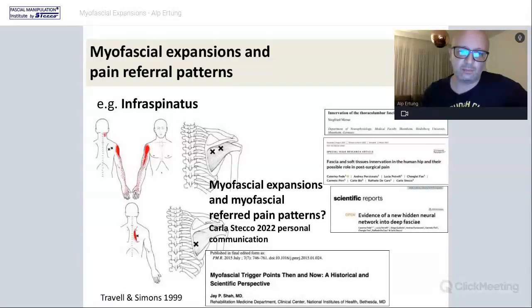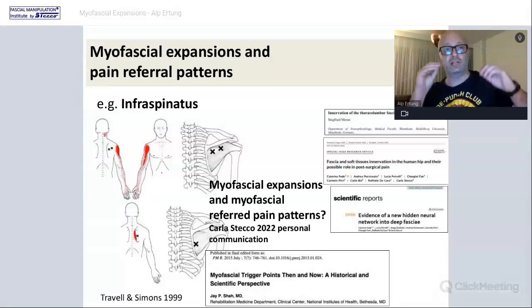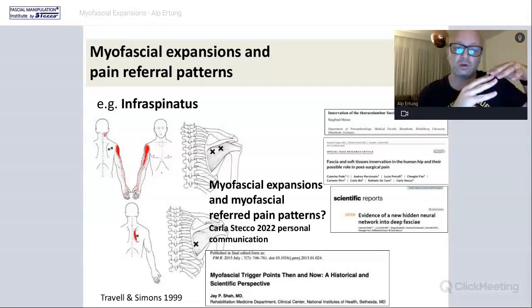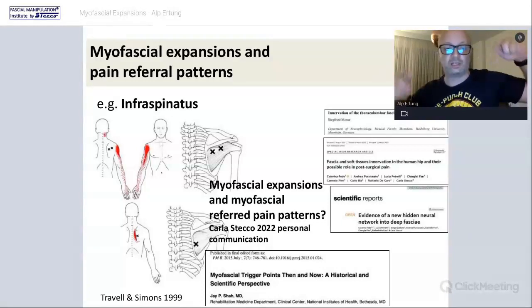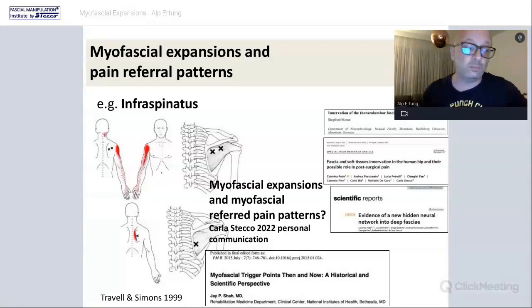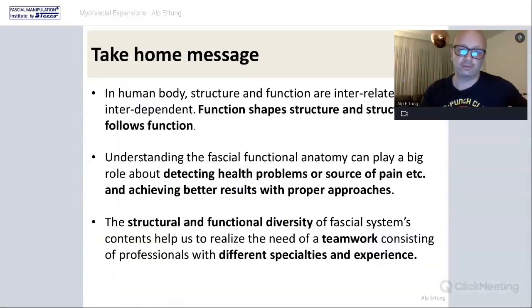There are a lot of examples like this, and it is really important to think about myofascial expansions, this relationship between the epimysiums of the muscular structures, the tendons of the muscular structures, and the aponeurotic fascia. Creating these specific structures like myofascial expansions helps us to understand better.